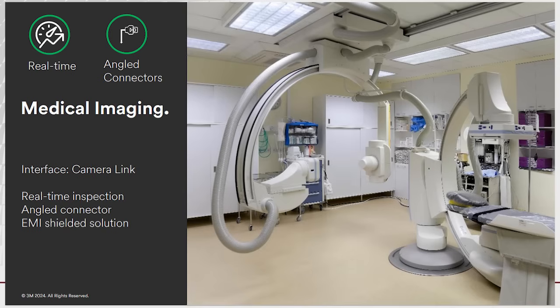Even robotic surgeries are taking off, and in all of those procedures, there's still an element of visual analysis, something taking the place of the human eye that on a microscopic level has to see something in that surgical process. So that's a really good example. And you can imagine how important the transmission rate is in those types of applications.